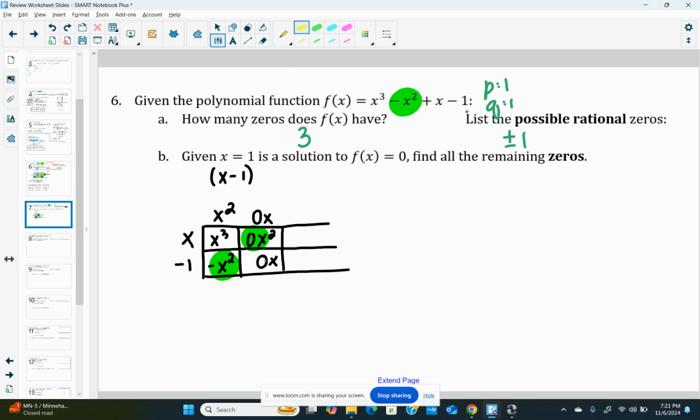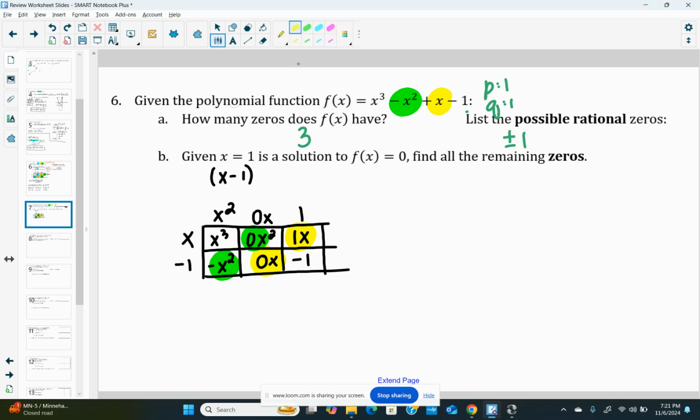And then this box plus this box needs to give us our x term of 1x. So 0x plus 1x gives us 1x. X times 1 gives us the 1x when we multiply top times top. And then we multiply tops times bottom, we get the negative 1.